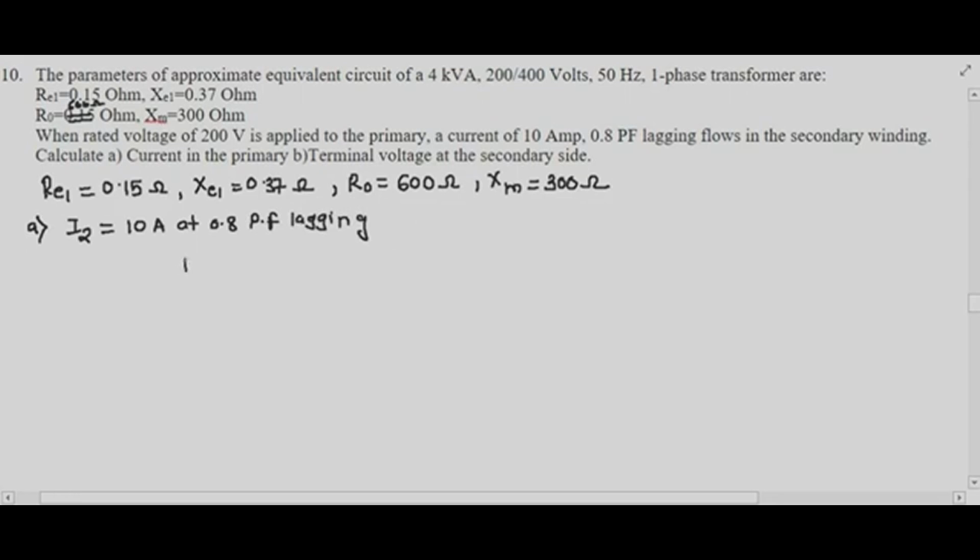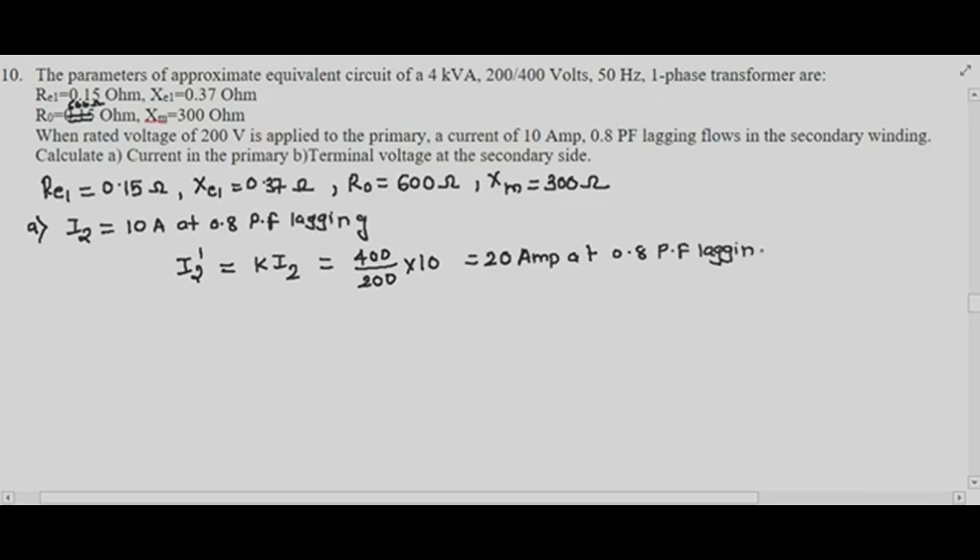So what is I2 dash? I2 dash will be K into I2. So what is K? K is nothing but V2 upon V1. So 400 divided by 200 into I2, that is 2. So I2 dash will be 20 ampere at 0.8 pf lagging.